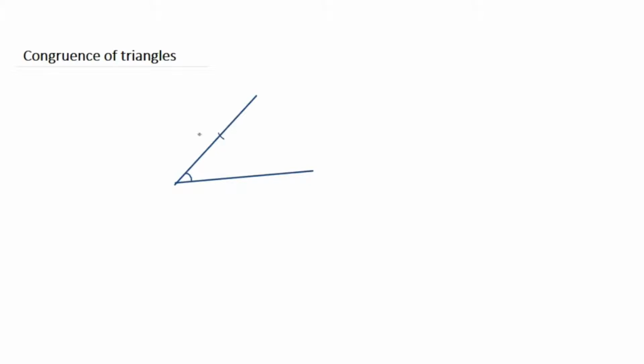Now if we know that this side is say x centimeter, and this side is y centimeter, and we take another two lines of the same length and making the same angle between them, and let's say this is x centimeter and this is y centimeter, then no matter what you do, if you want to make a triangle of it, you will have to join this side to this side. There is no other way of going about it.